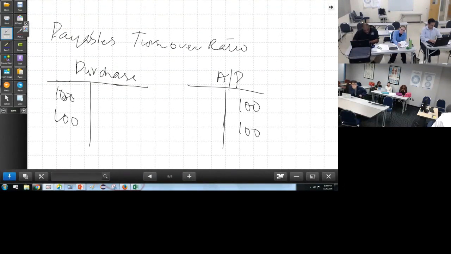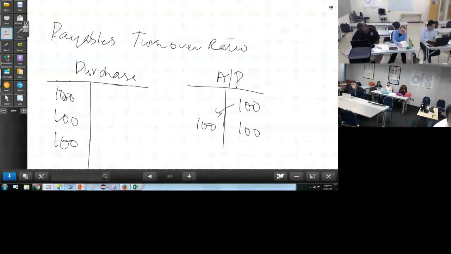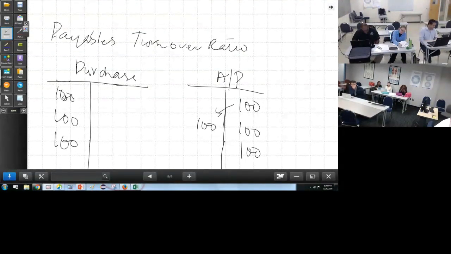Again, this supplier is not waiting for us for a long time, maybe a month or two. So we will have to pay this one, 100 for example, so the payables go down. Okay? Again, another purchase of 100, and another 100 added over here, and suppose this 100 also paid out.